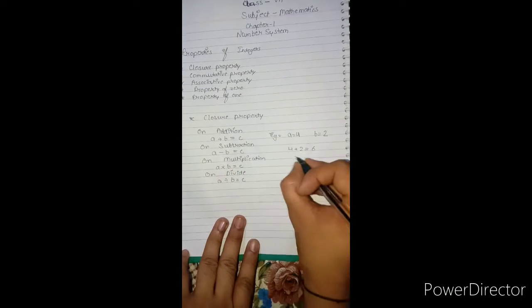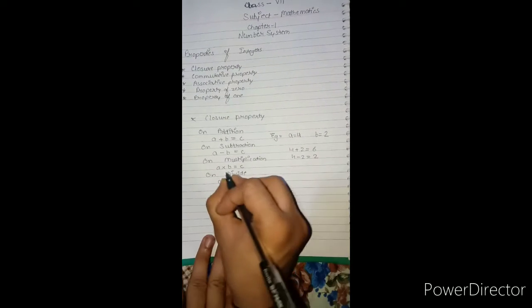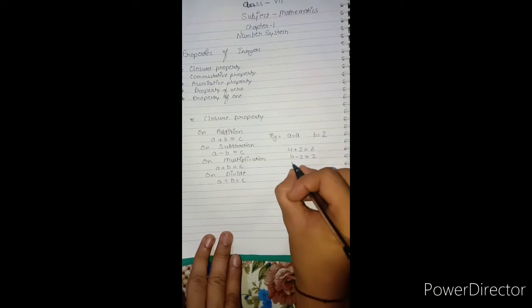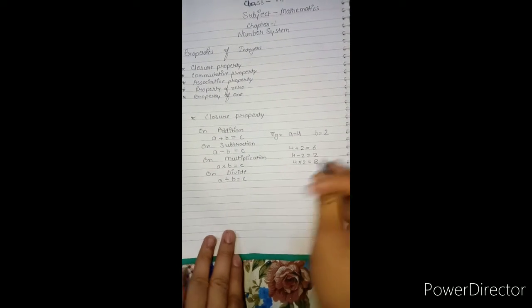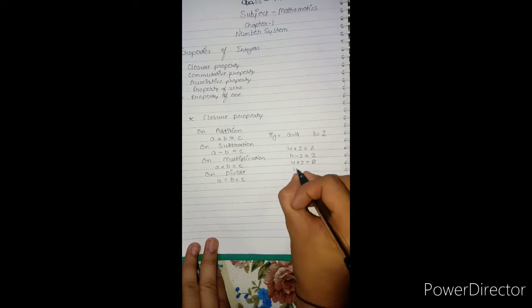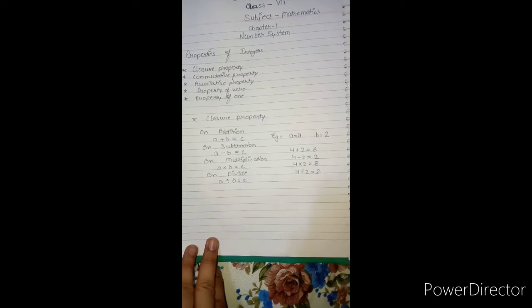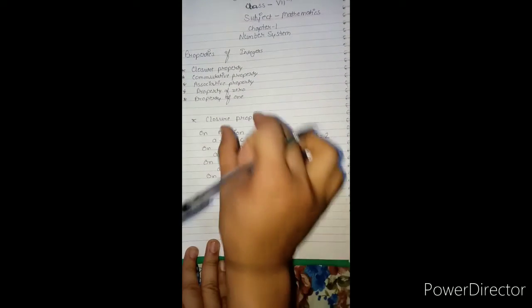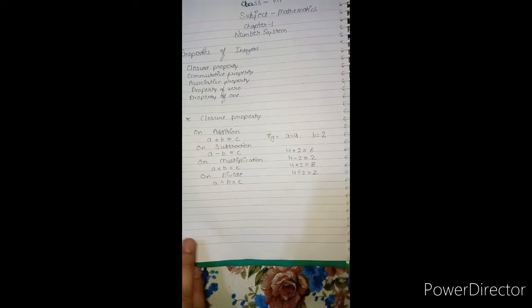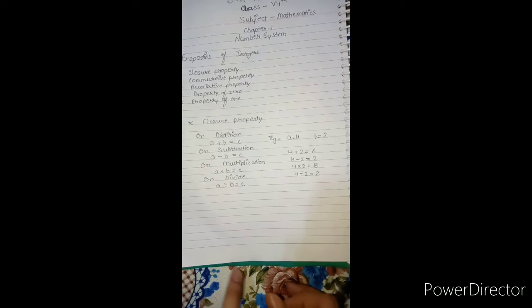Then subtracting, 4 minus 2, we got 2. On multiplication, 4 into 2, we got 8. On divide, 4 divided by 2 is 2. This is an example of closure property. We are using all addition, subtraction, multiplication and division.